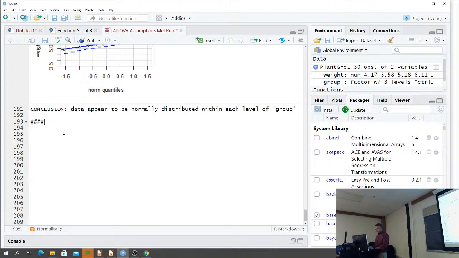All right, next assumption is equal variances, or same thing as homoscedasticity. All right, if data are normal, run Brown-Forsythe.